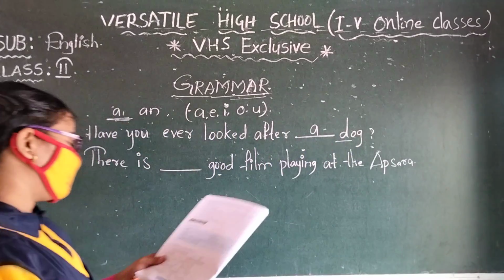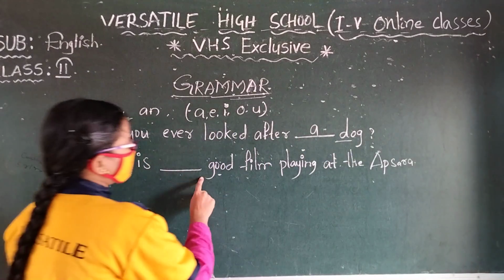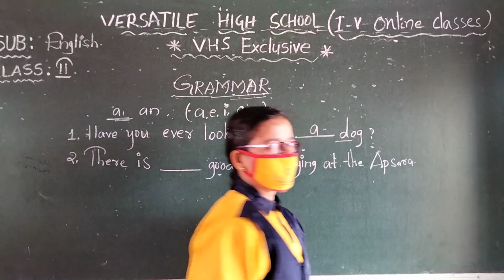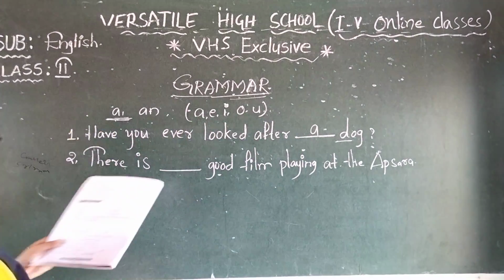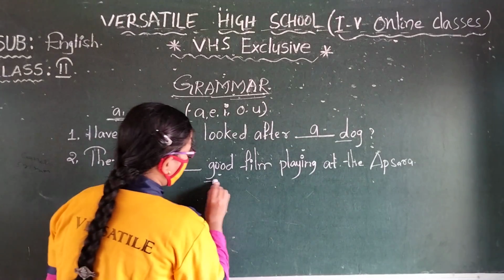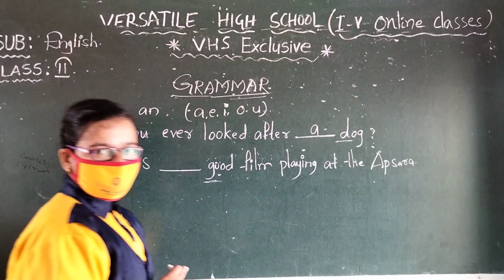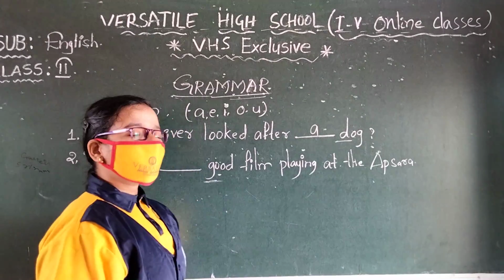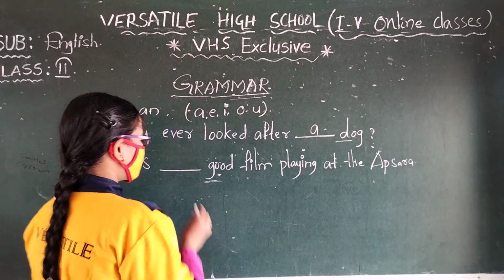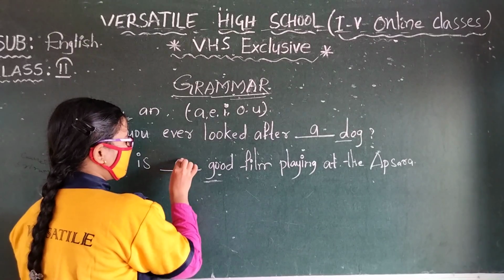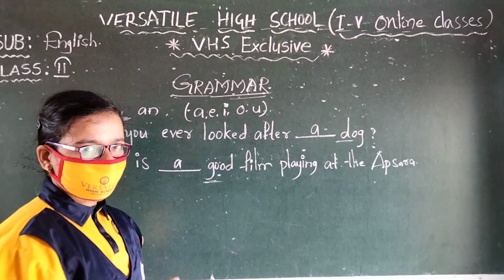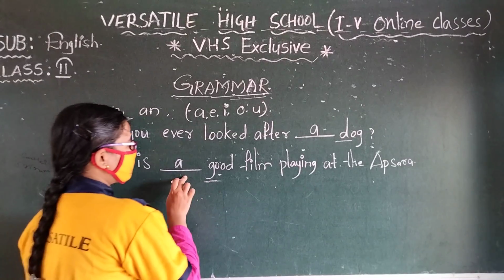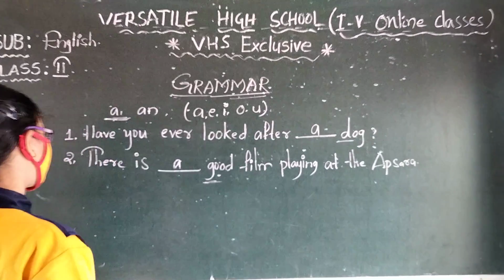Look here. There is dash good film playing at the Apsara. Is G a vowel or consonant? G is a consonant. This word starts with a consonant letter, so here I will write a. Before this consonant sound we use a.